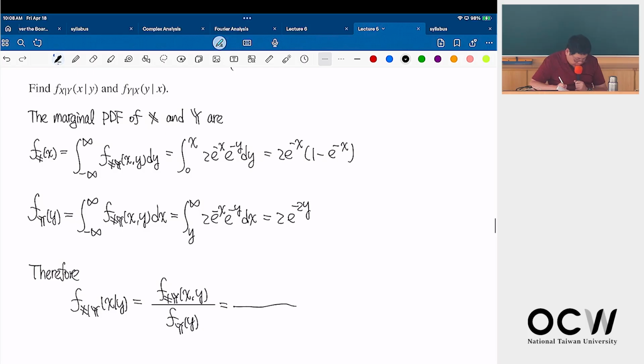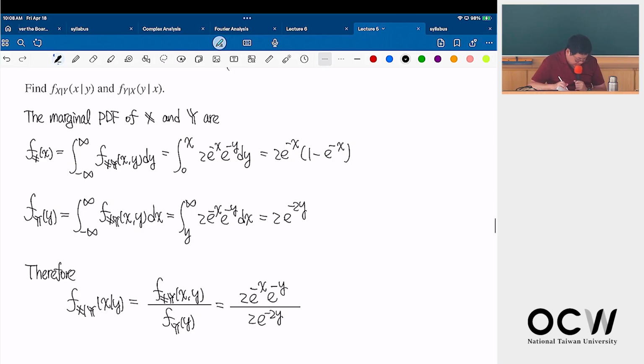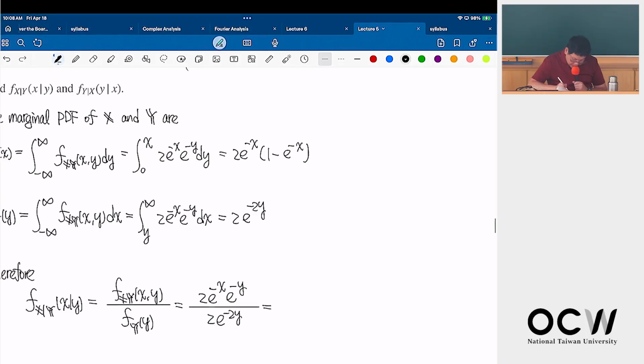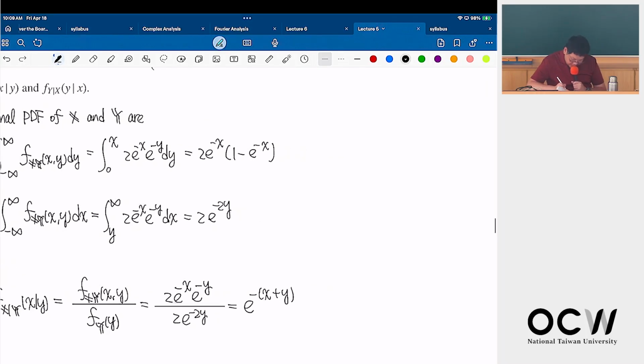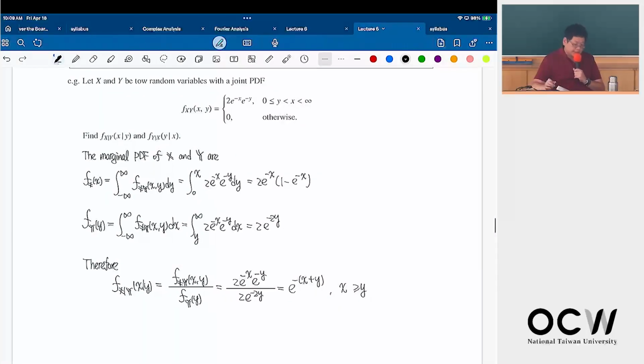So we have 2 times e to the minus x times e to the minus y divided by 2 times e to the minus 2y. So here it is e to the minus (x minus y), and x is greater than or equal to y. That's the conditional PDF of x given y.